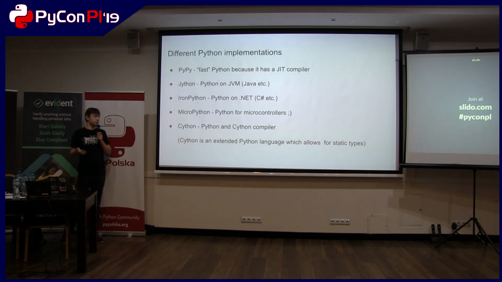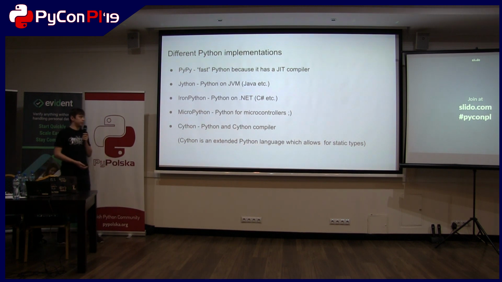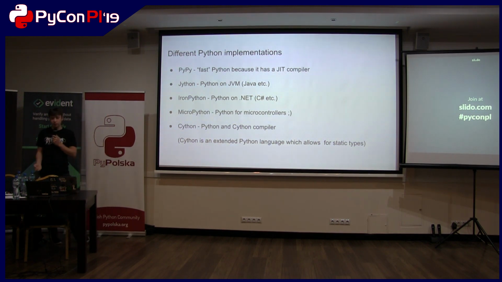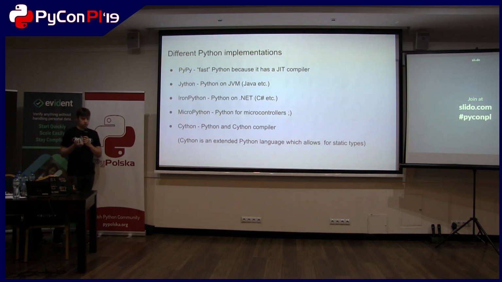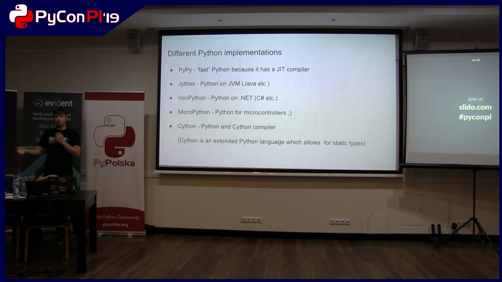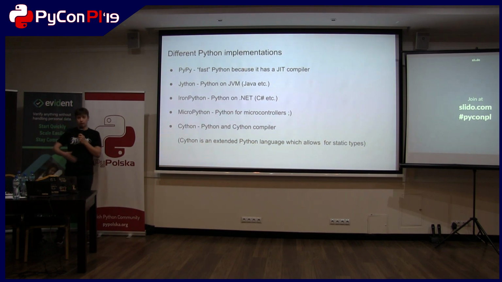Then you have MicroPython, which is Python for microcontrollers, which is not that big a thing, I would say, but it's there. And then there's Cython also, which is Python and a Cython compiler. Actually Cython is like an extended Python language, which lets you introduce variables that will be statically typed, which will have a fixed size, like an integer of 32 bits, instead of an integer which will make itself bigger whenever you need it.